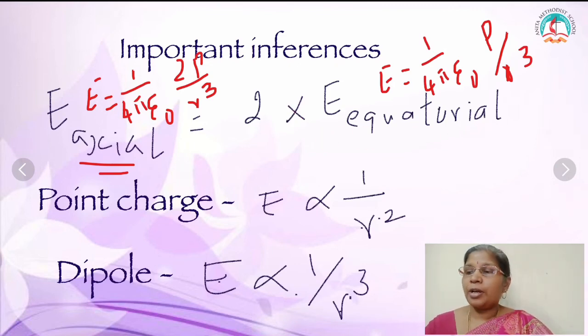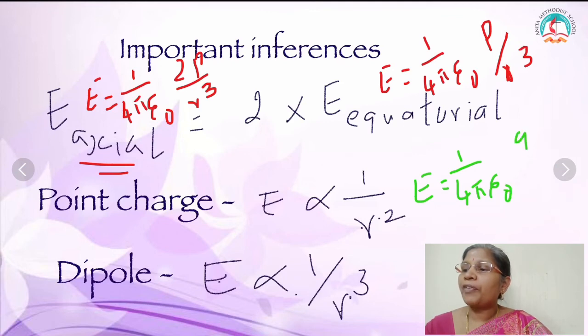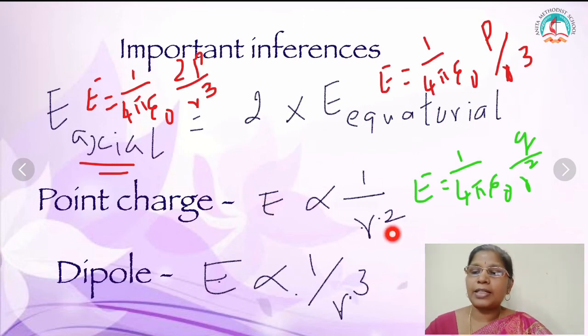Okay. Point charge. For a point charge also you calculated the value of electric field. Remember the formula? 1 divided by 4 pi epsilon 0, q divided by r square. So for a point charge, the electric field is inversely proportional to the square of the distance. But for the dipole, the electric field is inversely proportional to the cube of the distance.